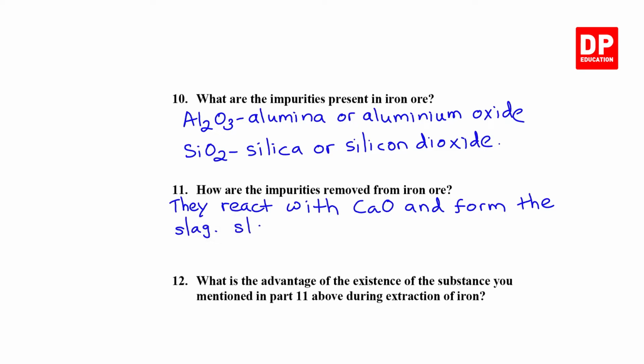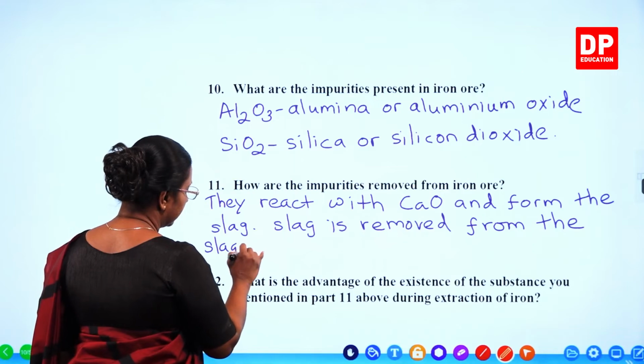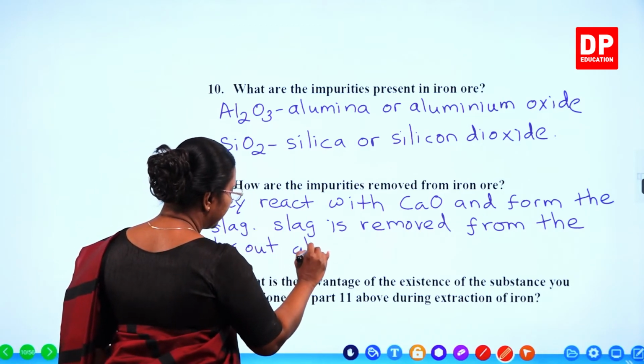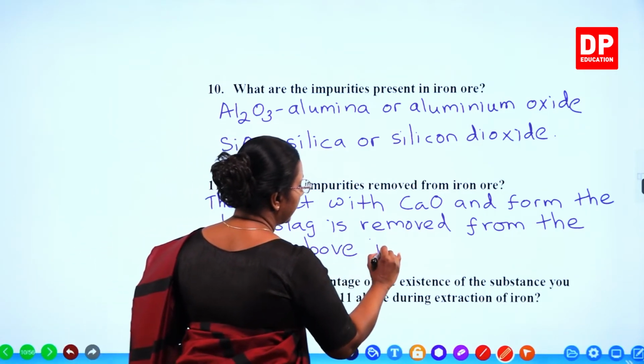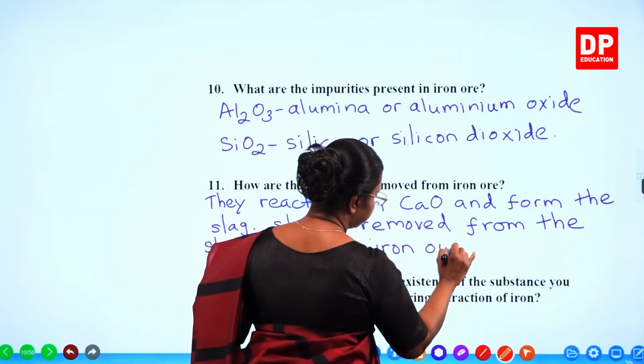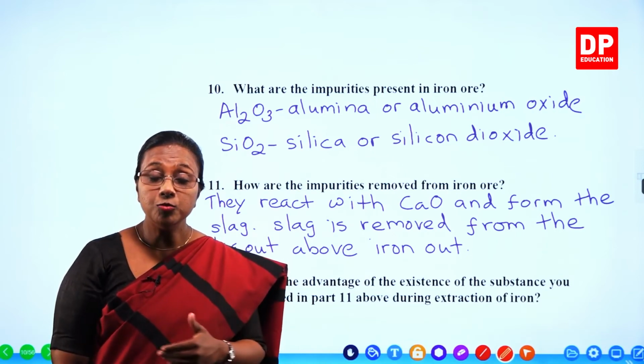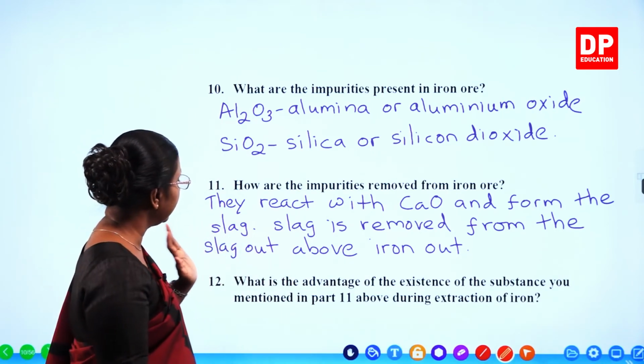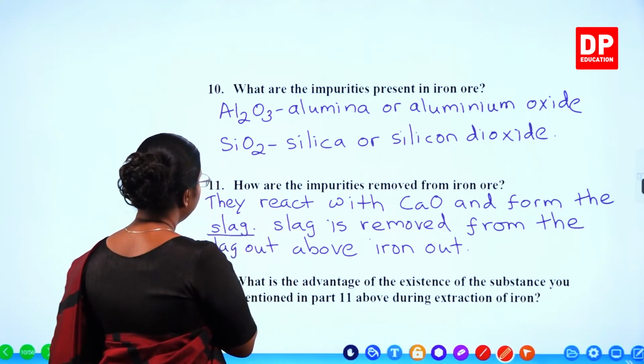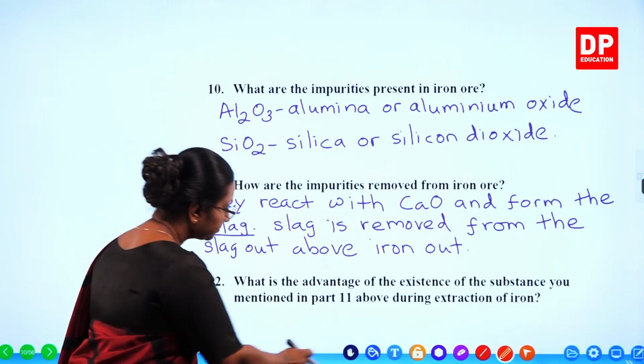Slag is removed, slag out above, iron out. So that is how the impurities are removed. They are removed in the form of slag. That is the important thing. So you have to mention this slag.